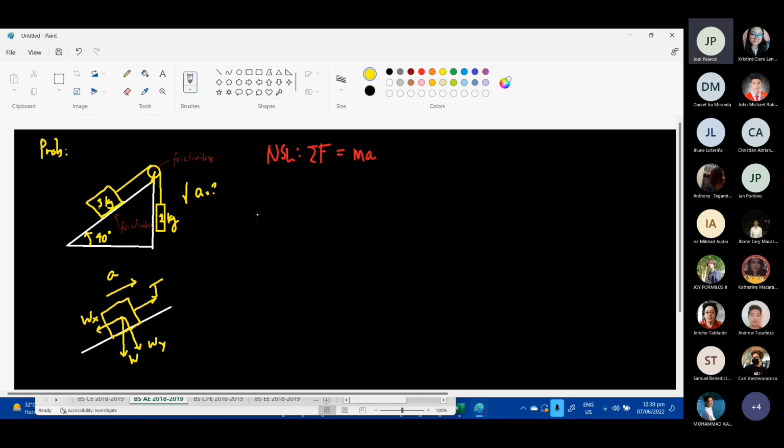Applying Newton's second law, let me call this block 1 and the other block 2.